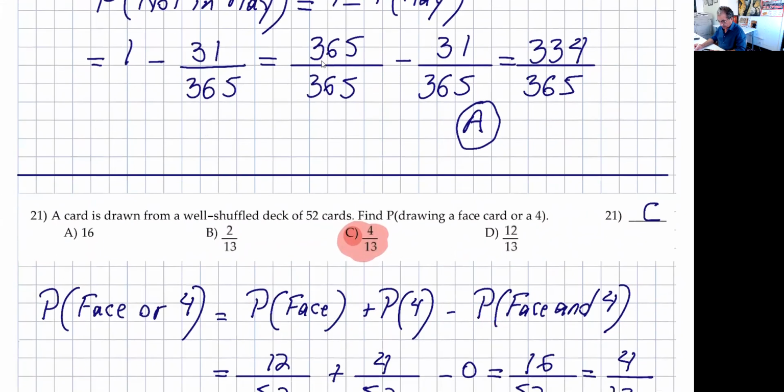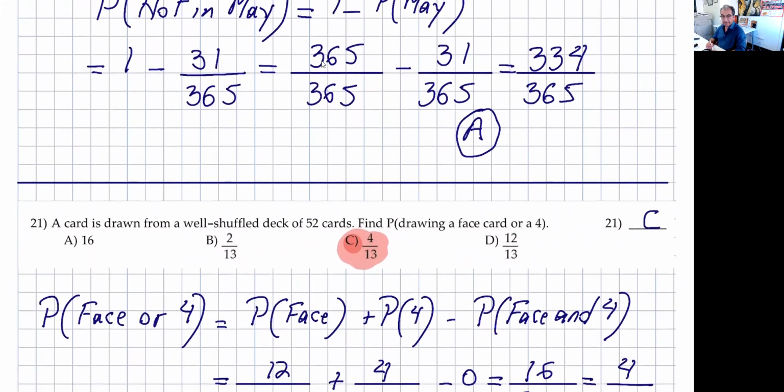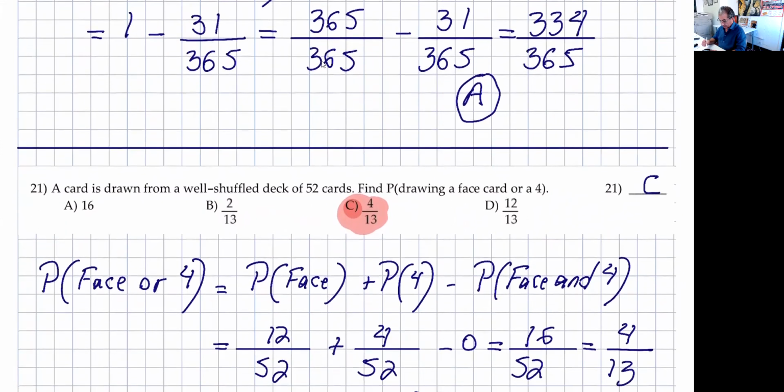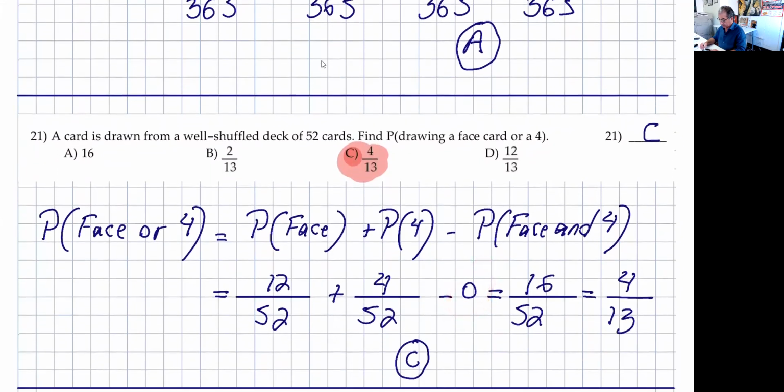Let's see what these are. There are 12 face cards in one deck of cards. Please check the cards and make sure you know this. P of 4, there are 4 fours in one deck of cards, minus a card cannot be face and 4 at the same time, so this is 0. So the answer is 16 out of 52 or 4 over 13, which is C.